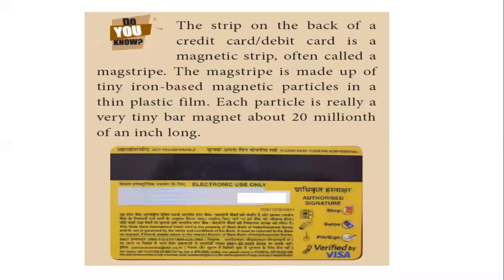The magnetic strip is made up of tiny iron-based magnetic particles in a thin plastic film. Each particle is really a very tiny bar magnet, about 20 millionth of an inch long.